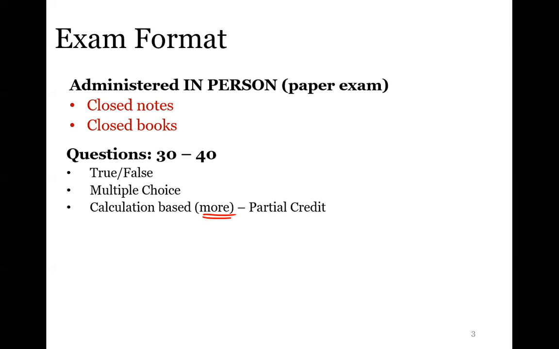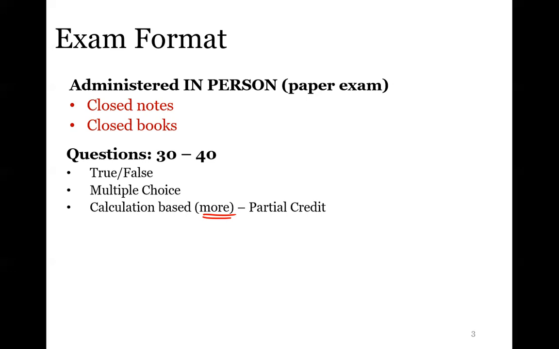So what I want to see most of all is your understanding of the basic concepts and how to apply them. Even if you're missing one little piece of information, as long as I see that you know the big scheme of things and understand how to get from point A to point B, even though you don't have all the points in between, that's what I'm looking for. So fill out those partial credit questions a lot more.